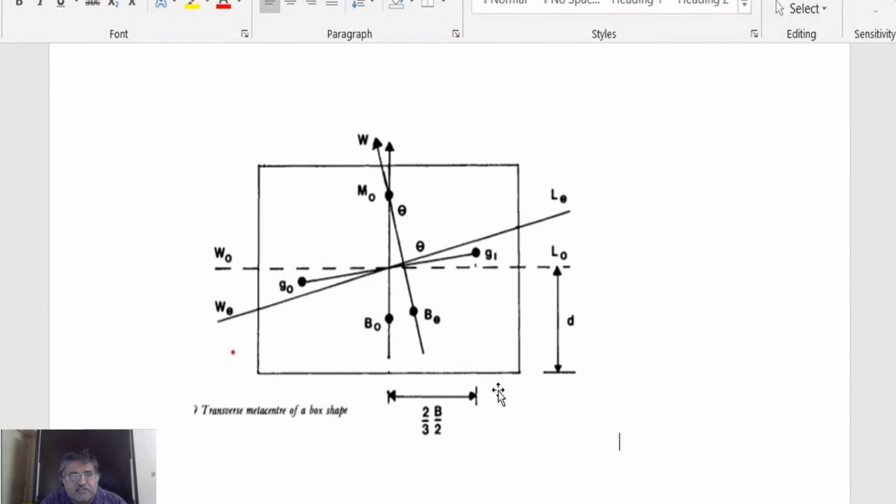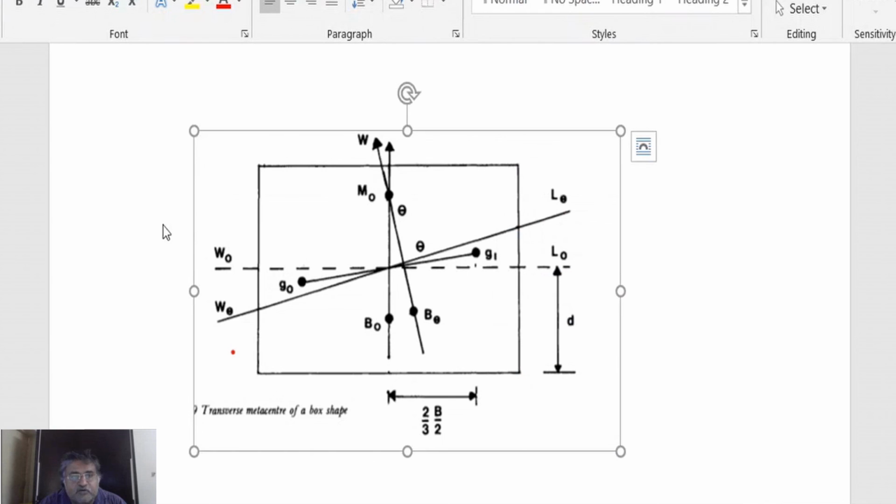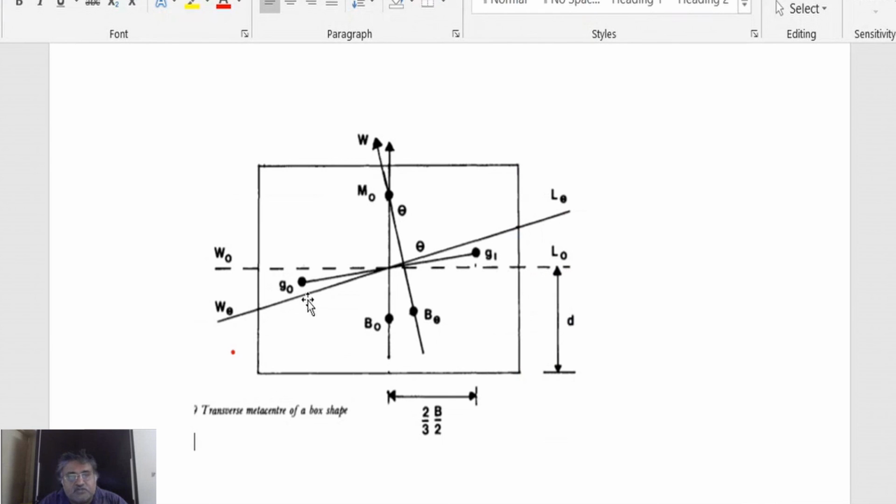This is a cross section. So the ship is like this. This is a cross section like this. So basically, the length of the ship will go into and out of the plane of the paper. So this will be the area of this triangle into the length.